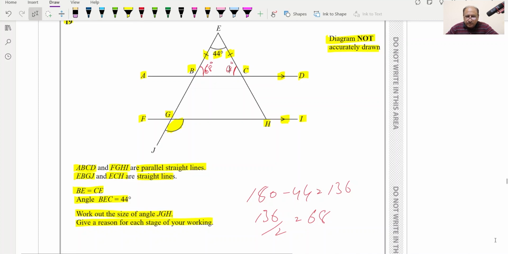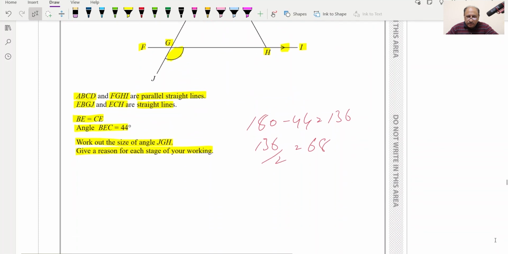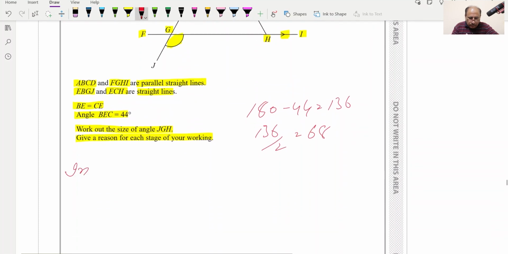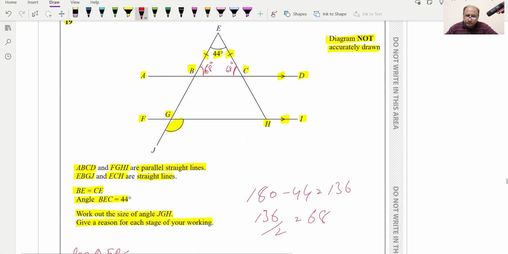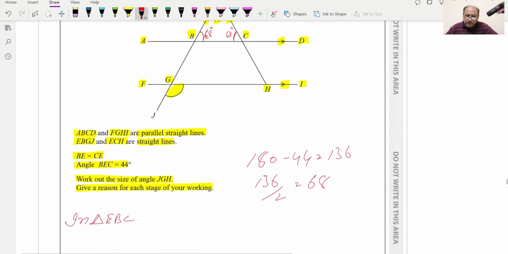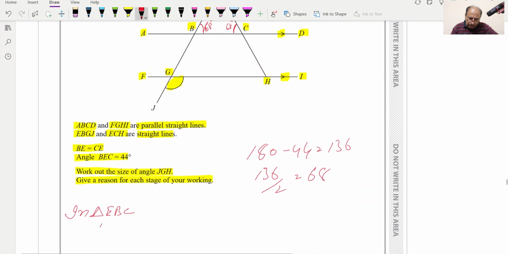Now we can write here, in triangle EBC, angle EBC is equal to 180 minus 44 divided by 2, which is equal to 68, which we have calculated over here.